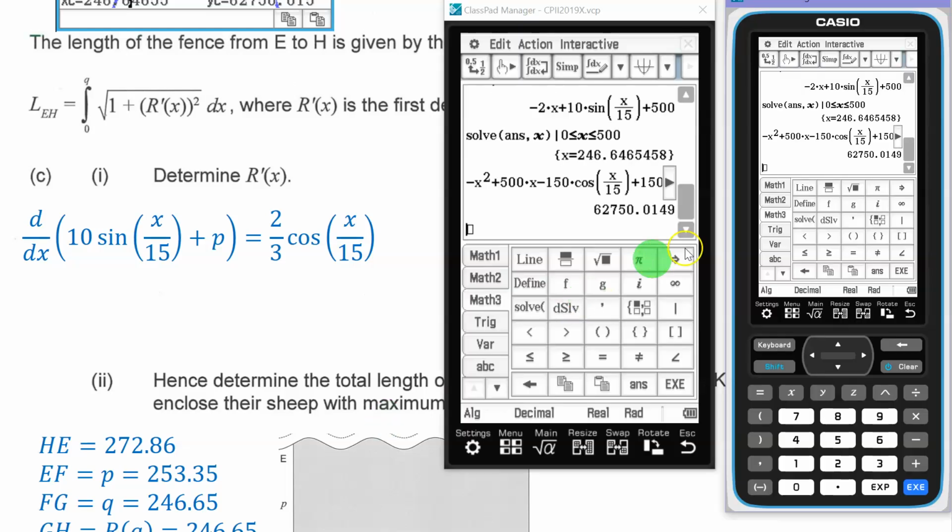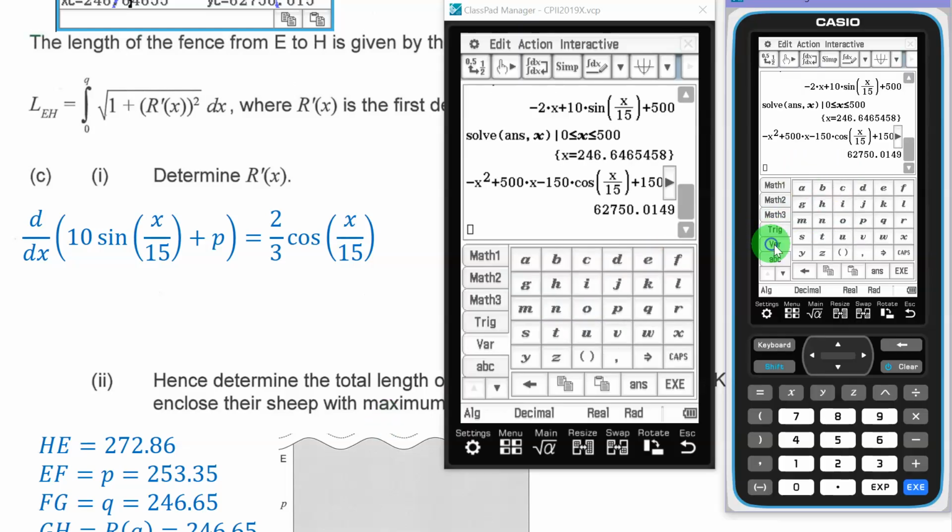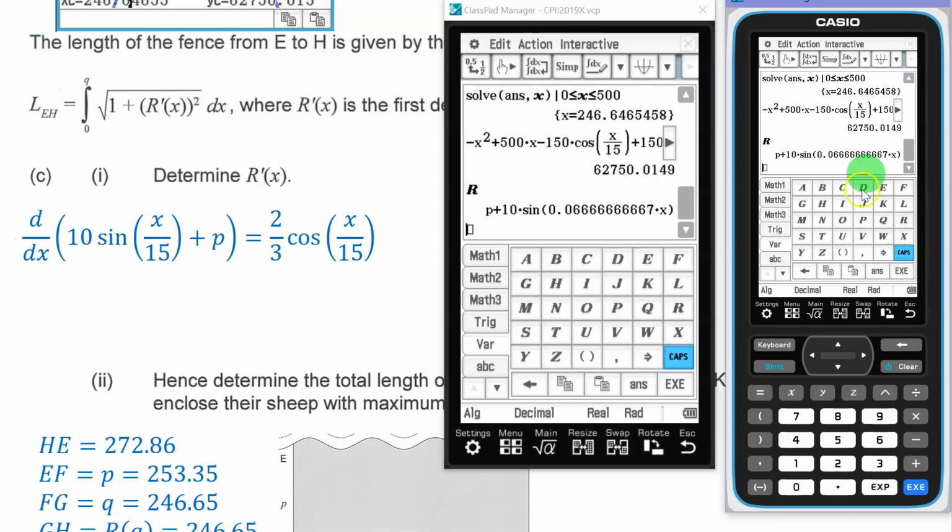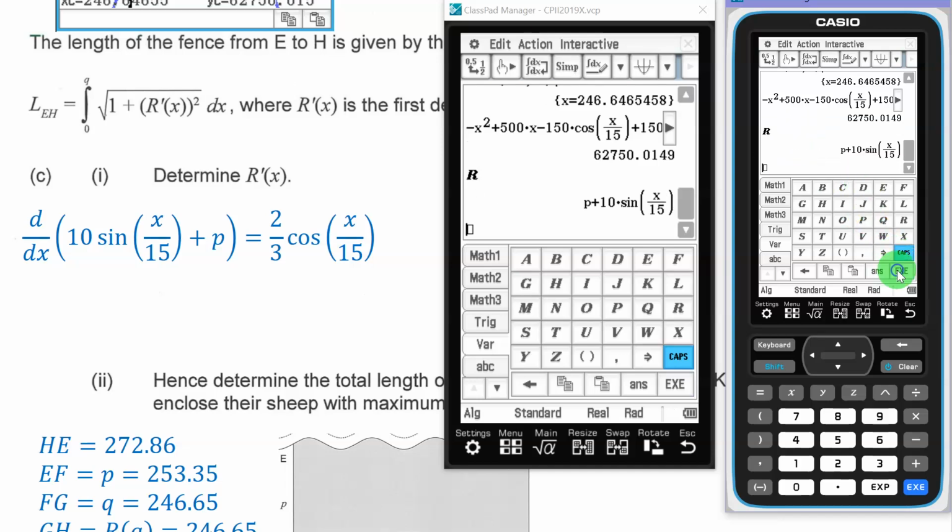So let's get our calculator back. If I go to my variables and get a capital R, here it comes. There's R. Oh, let's change back into standard mode and do that again. So here it is, but we know that P is, well, it's going to disappear. So we could put the value of P in, but as soon as we differentiate it, P will disappear.